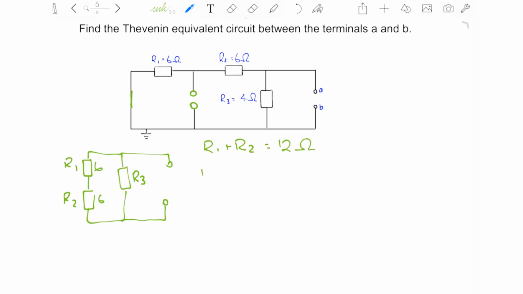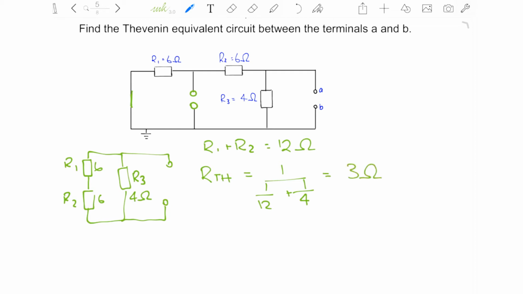And then RTH, the Thevenin resistance, will be the parallel addition of 12 ohms and 4 ohms. So this is equal to 3 ohms.